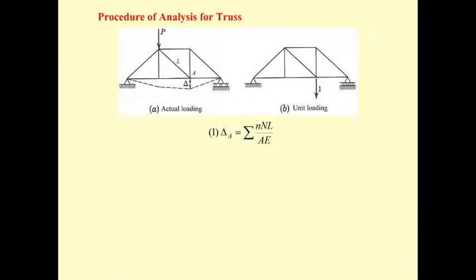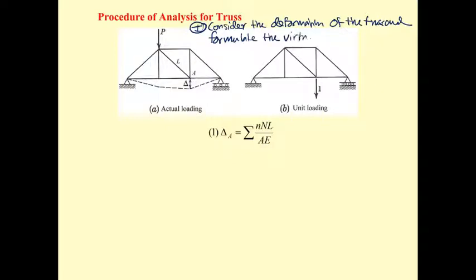Now, let's conclude it. Most of the time there are 3 big steps of determining the deflection. The first one, you're going to consider the deformation of the truss, okay, and formulate the virtual work equation.